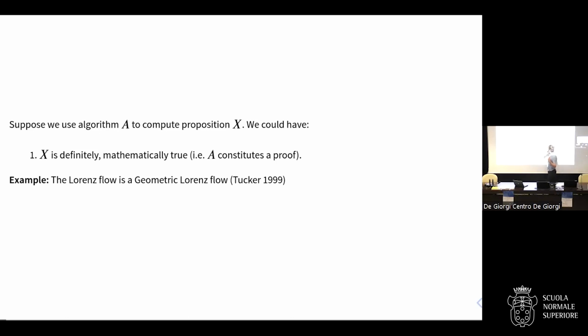What Warwick Tucker did in his PhD thesis was prove that the Lorenz flow, as in Lorenz 63, the really famous butterfly, is a geometric Lorenz flow. The idea of a geometric Lorenz flow was a class of systems with a certain shearing property.